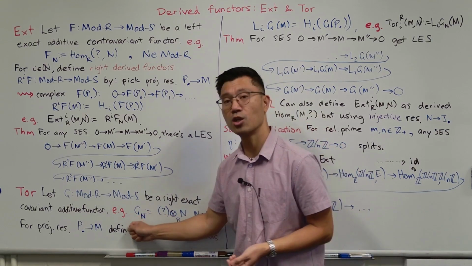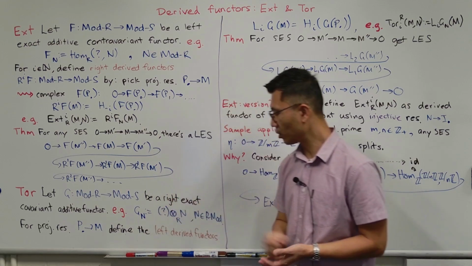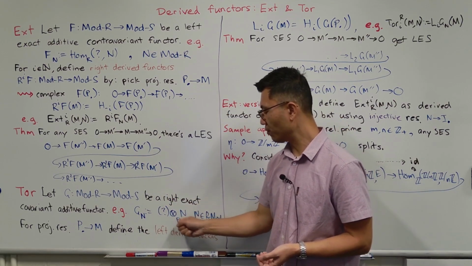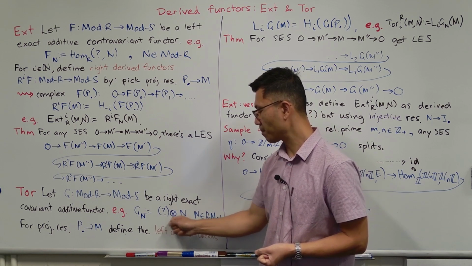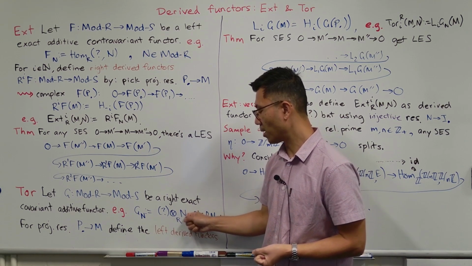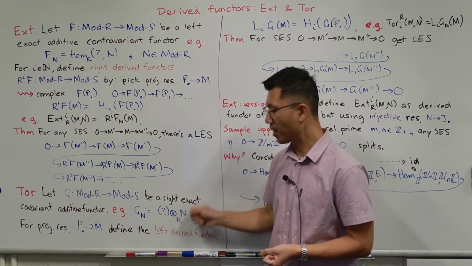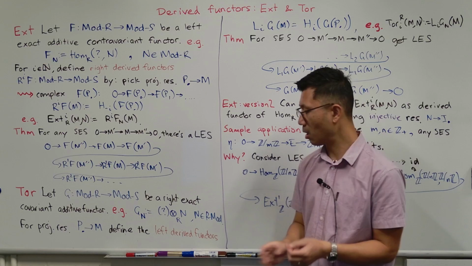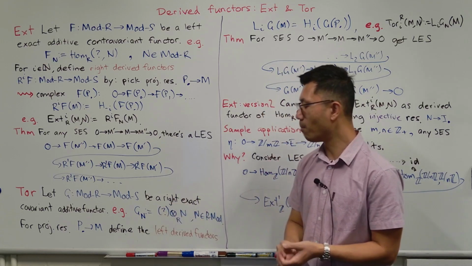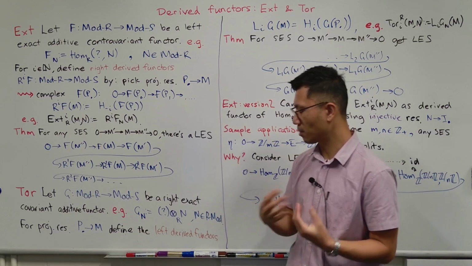I'm going to denote this by G subscript N. Examples of this include, for example, if you tensor over Z with the rational numbers, the Z module Q, that's basically localization, where you just put denominators on the module, so that's the module of fractions in that case. That's an example of the tensor product.